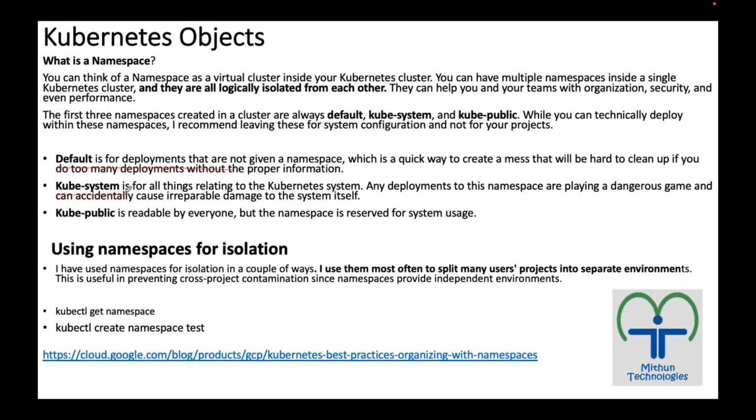You have one more namespace called kube-system. So what is this? This kube-system is for all the things relating to the Kubernetes system. Whatever is related to the Kubernetes system itself, like the API server, scheduler, etcd, kube-proxy, are all created and managed in the kube-system namespace.